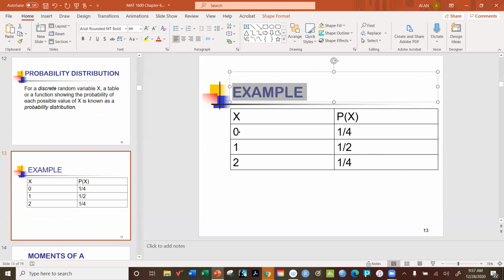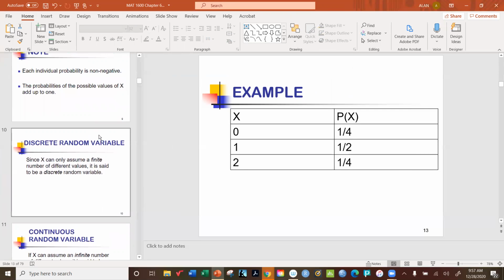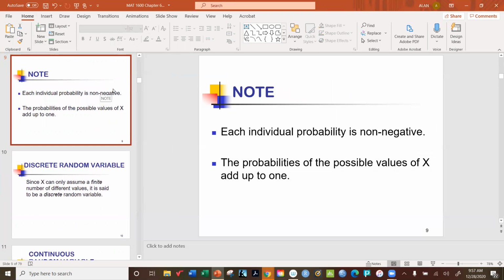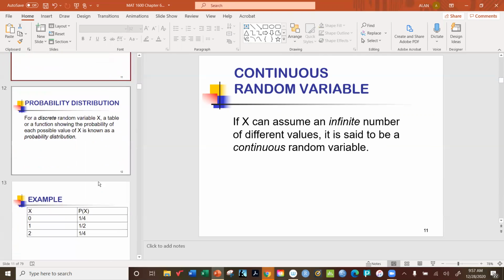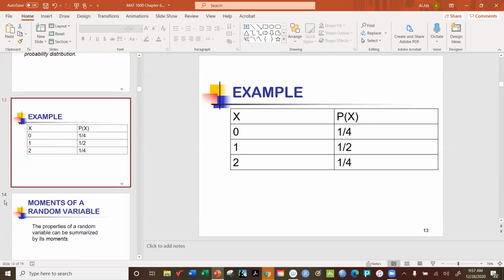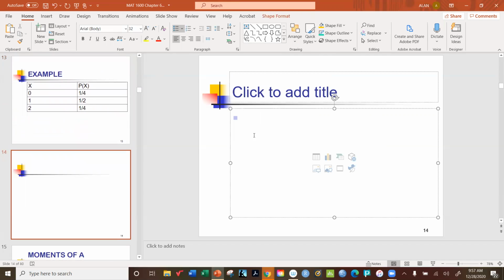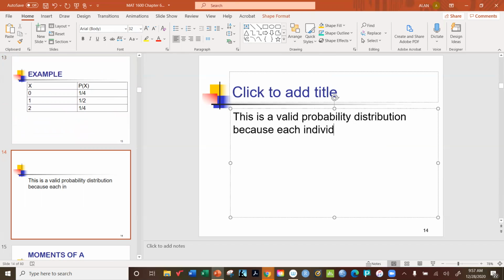Now, if you notice, it does satisfy our requirements. Each probability is non-negative, which simply means that it's 0 or positive. And all of these numbers add up to 1. Okay, so in other words, we can say that this is a valid probability distribution because each individual probability is non-negative and the sum is 1.